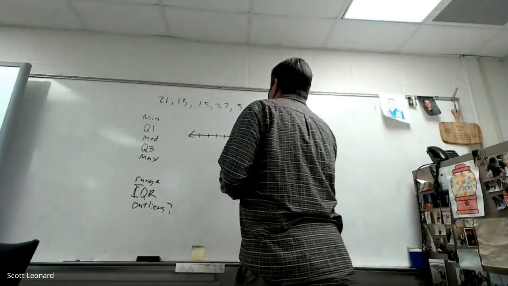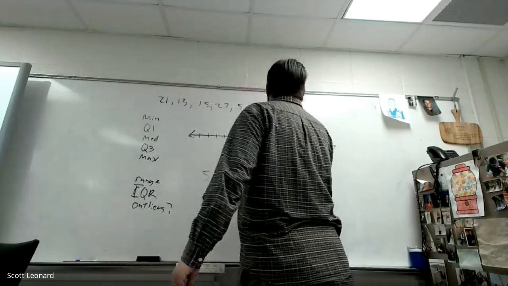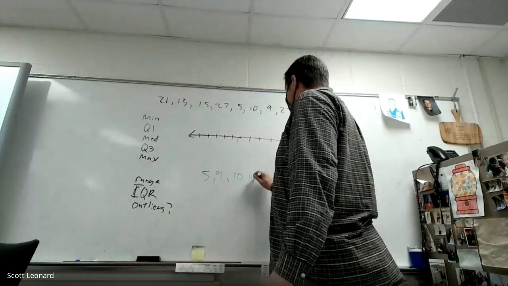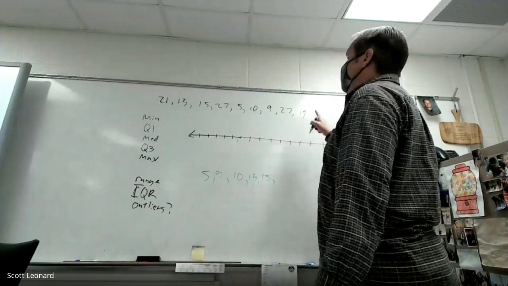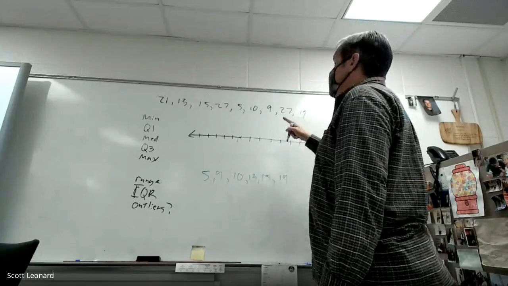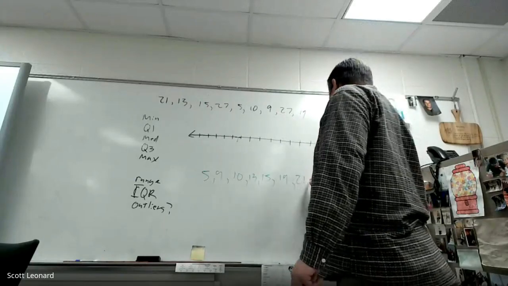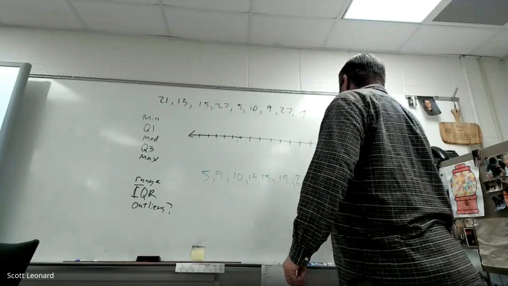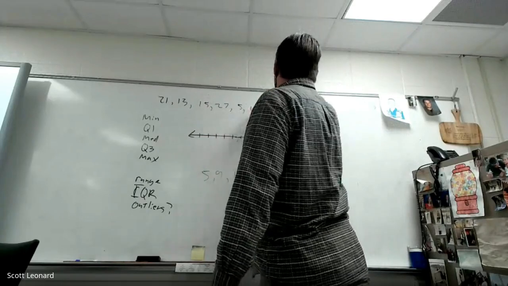I'm going to have 5, 9, 10, 13, 15, 19, 21, 27, 27. Did I get them all? 1, 2, 3, 4, 5, 6, 7, 8, 9.